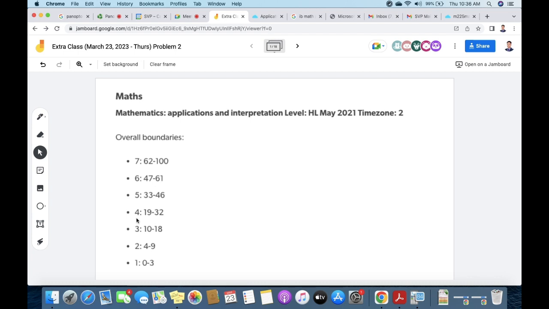It's not about finishing the paper, it's about getting enough marks equivalent to your target level. Is it clear? So be clear on what your target level is and then set your goal on achieving the minimum marks for that target level. If you can achieve more than that, that's a lot better.